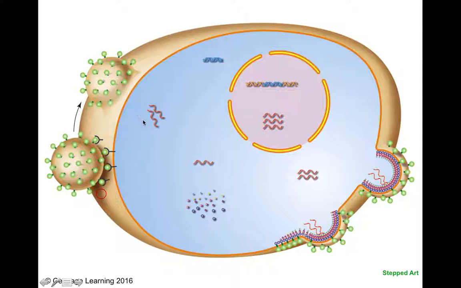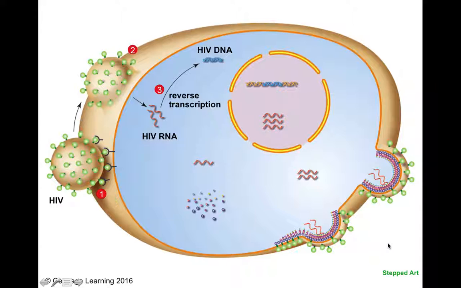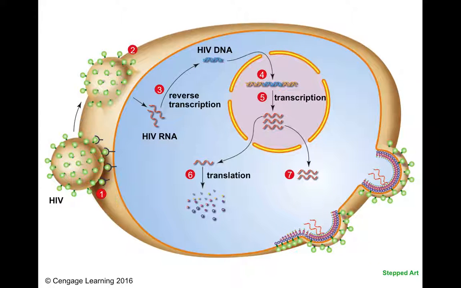Virus attaches, RNA's in, RNA goes to DNA, DNA's in, DNA goes through transcription and translation, more RNA, more proteins, boom, boom, new viruses. That's kind of the deal there. And so there's step 1, step 2. There you go.